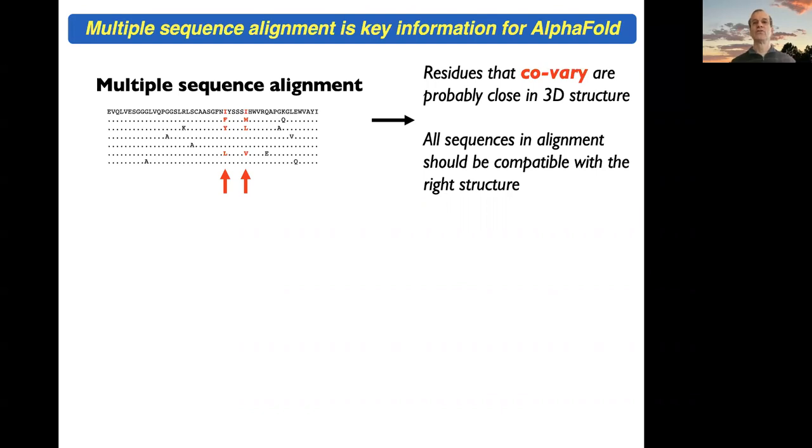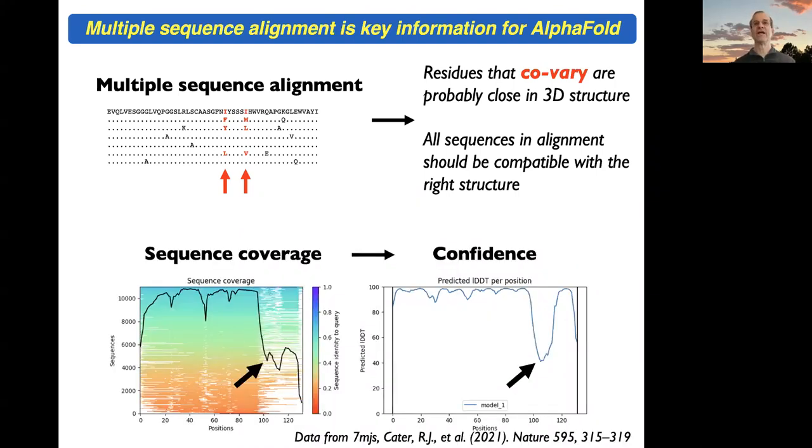Now, since residue covariation is a very important piece of information, as is the fact that all the sequences must be compatible with a single structure, if you have more sequences in your alignment, then you tend to have more information about the structure. So here, this plot, this is for the same little structure I just showed you.